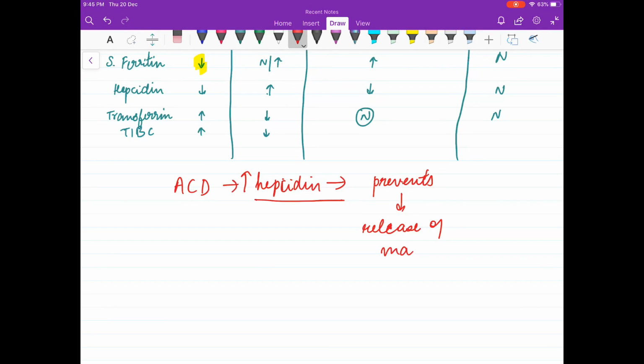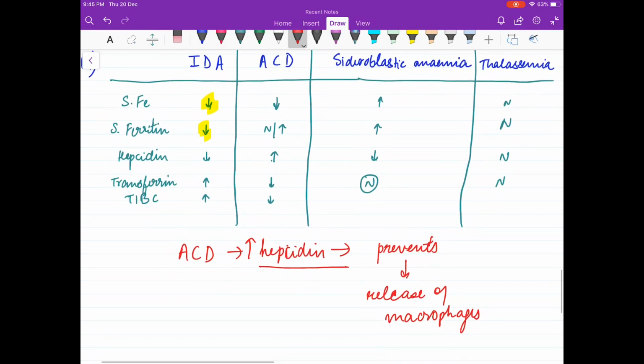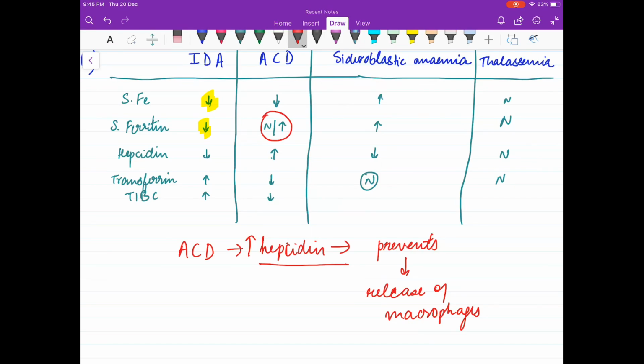So basically what is happening is that there is iron, but iron is not able to come into the circulation. So the storage of iron increases, but serum iron is decreased, and hepcidin production increases.